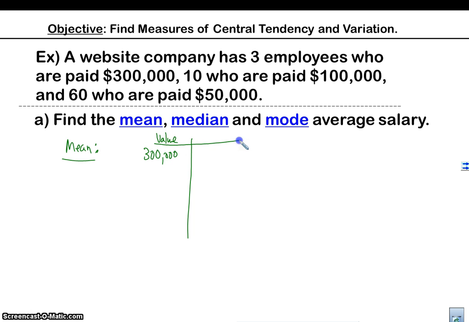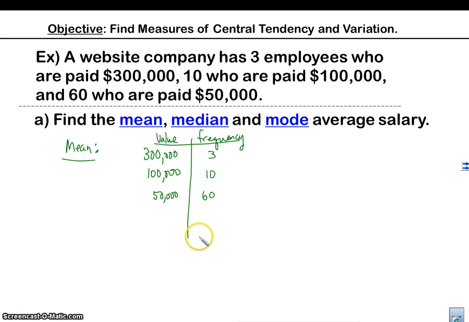I'm just going to make a little frequency table here: value and frequency. There are 3 people at 300,000, 10 people at 100,000, and 60 people at 50,000.